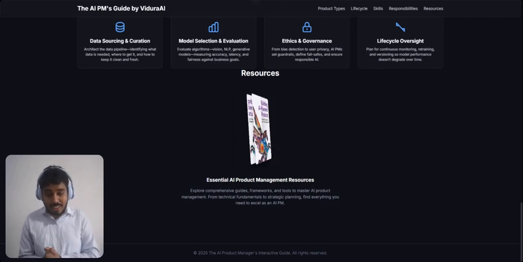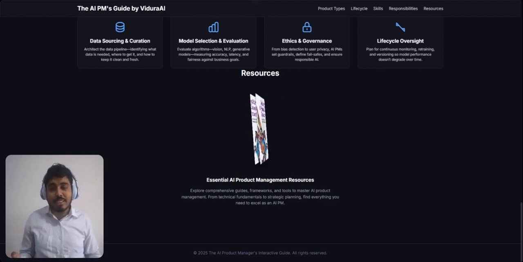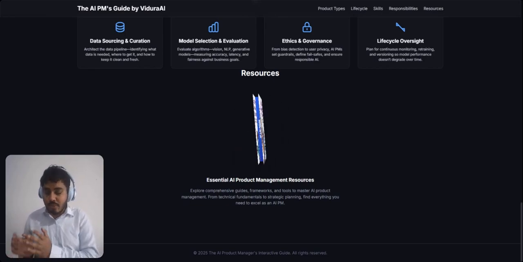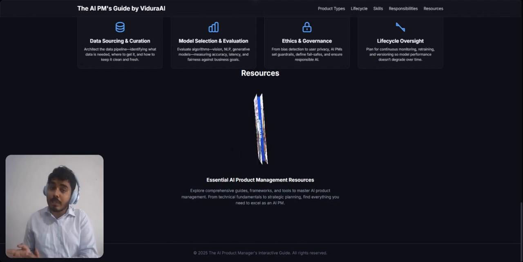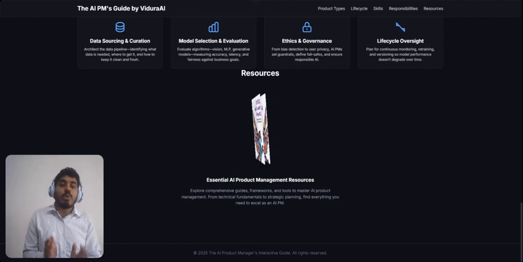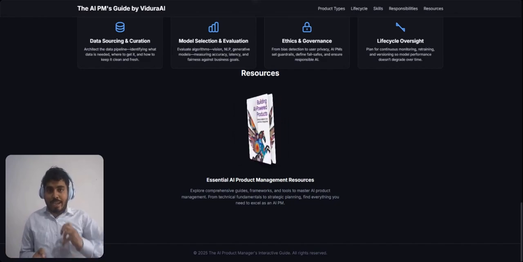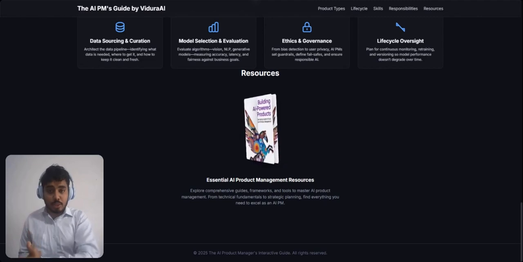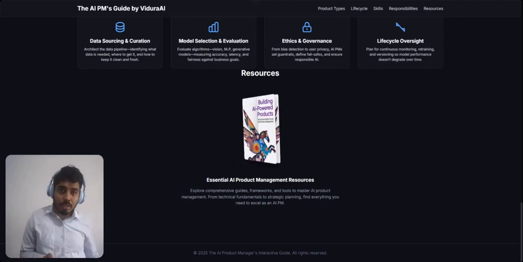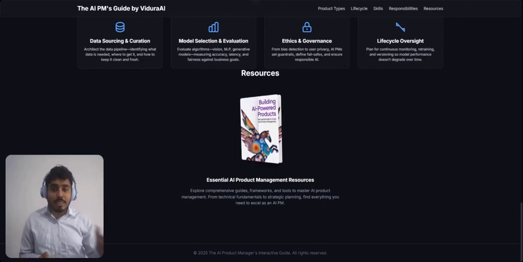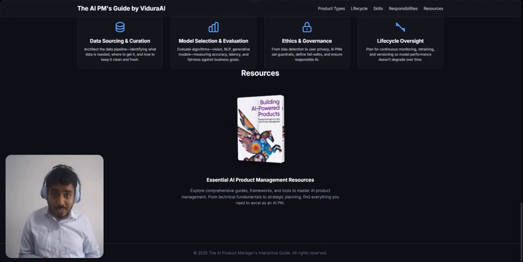So, this knowledge is very essential for an AI PM, so don't forget about that. You have to have a good understanding of your product and whether it is 0 to 1 or 1 to n, and how 0 to 1 or 1 to n applies in the AI product development lifecycle.